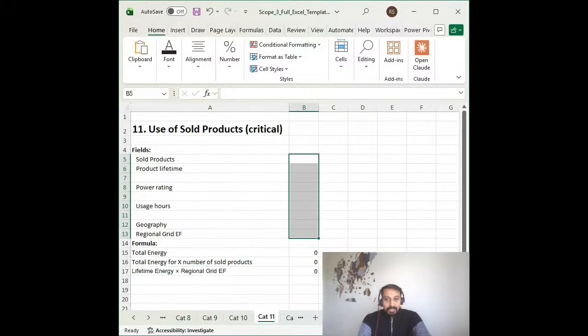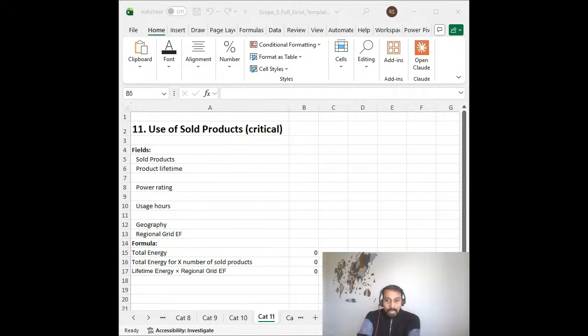Then category 11 is use of sold products, which, as I mentioned in the slides as well, often has the largest emissions across scope 3 and a major impact. So here the company sells 1,000 electric devices. So let's mention the sold products as electronics, and it's 1,000.